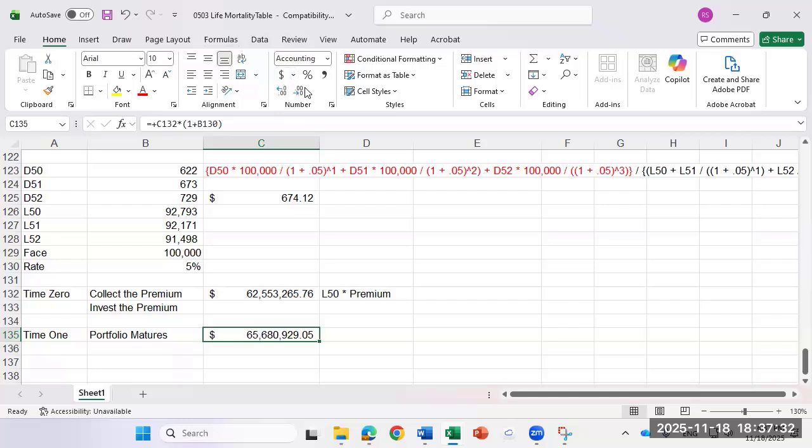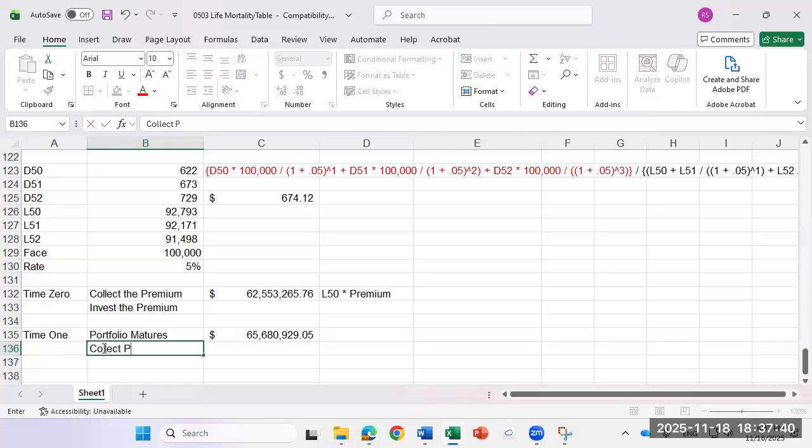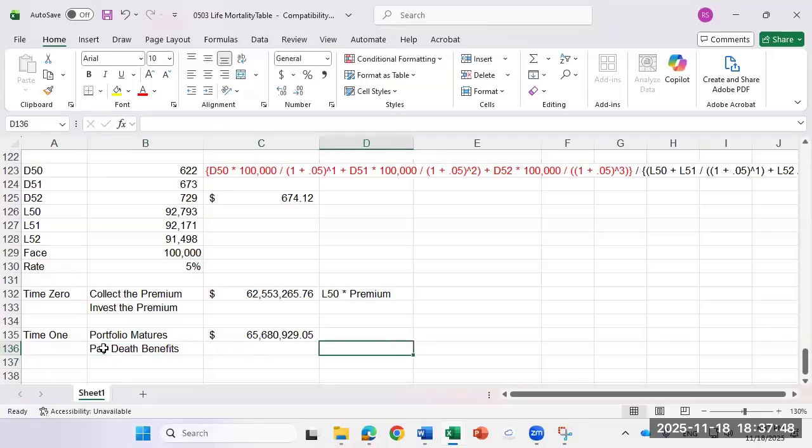So at the end of the year, we'll have 65,680, and then we're going to collect. Well, actually, the next thing that happens is we'll pay death benefits. Actually, all 3 of these happen at the exact same time. This is the D50s times 100,000 bucks.